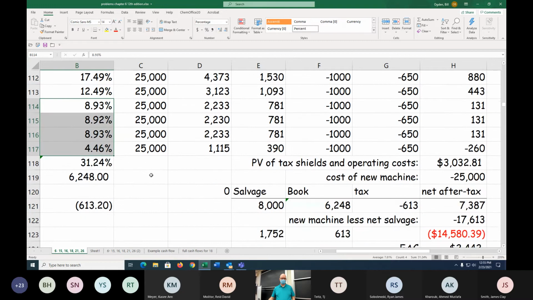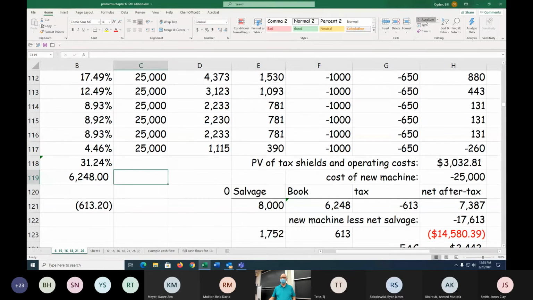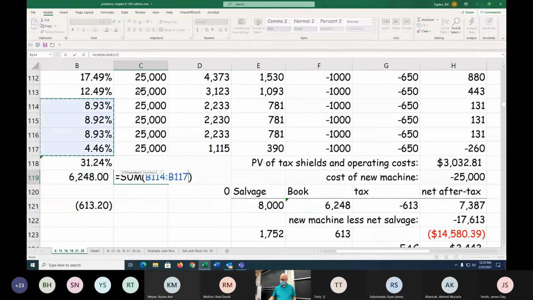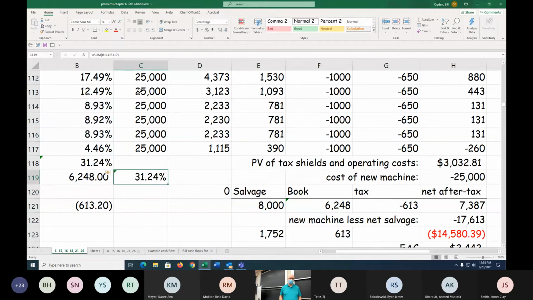So I'm just going to do a quick auto sum of these last 4 factors. Okay, so those represent what percentage of the acquisition cost has not yet been depreciated. So if I multiply that times the acquisition cost, okay, well, that's pretty good.